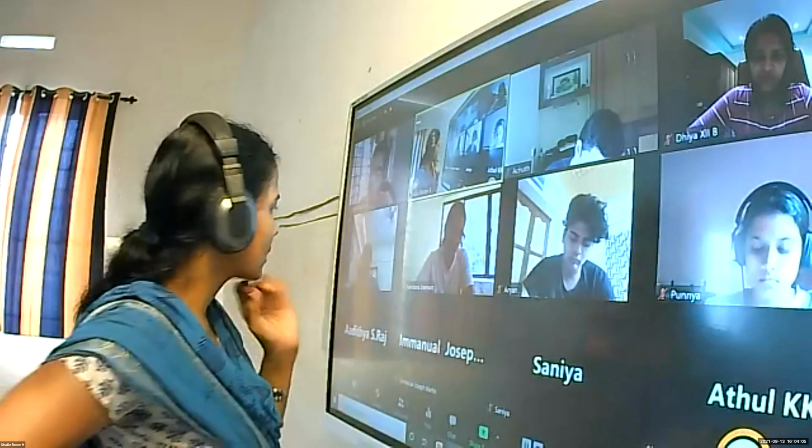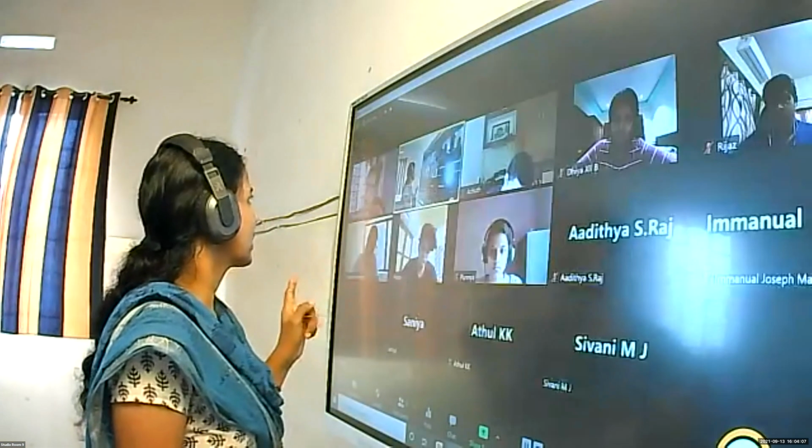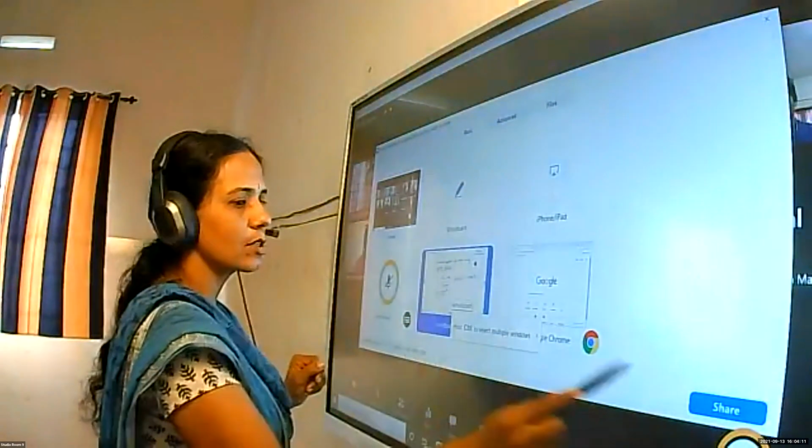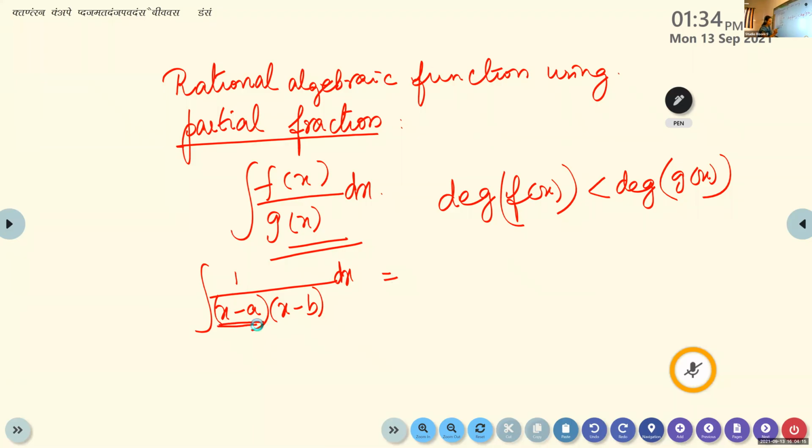X into x means it will become x square, so degree is 2. And look at the factors. Each factor is a linear factor. So we can split this as A by x minus a plus B by x minus b. Is it clear? We make it into 2 parts.